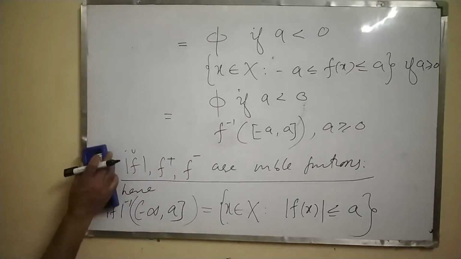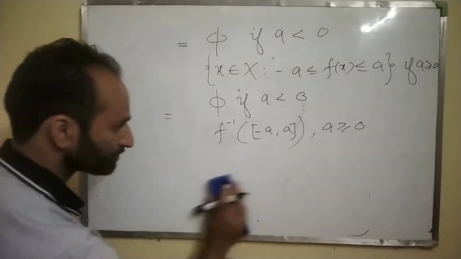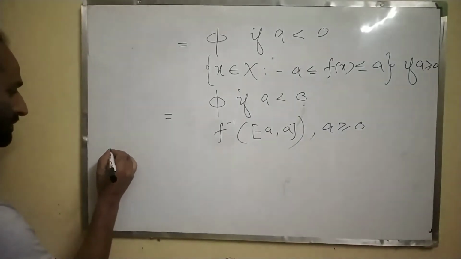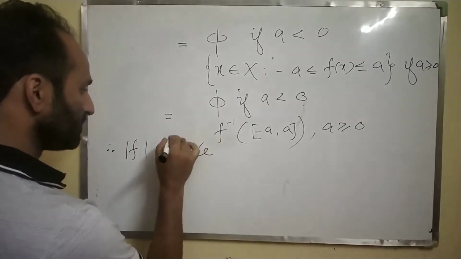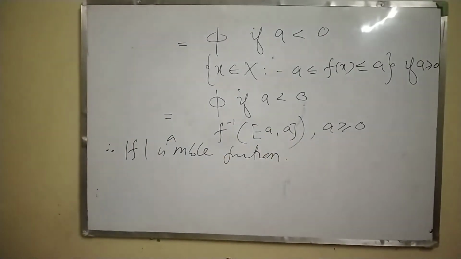Therefore mod of f is a measurable function. So next we see that f plus is measurable.